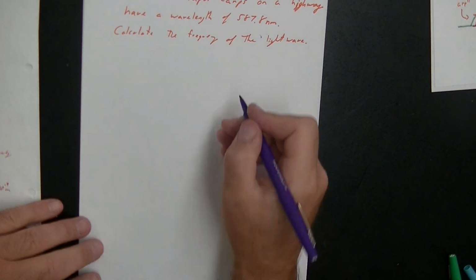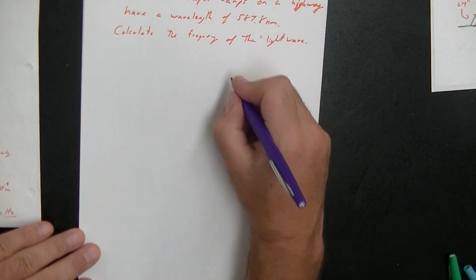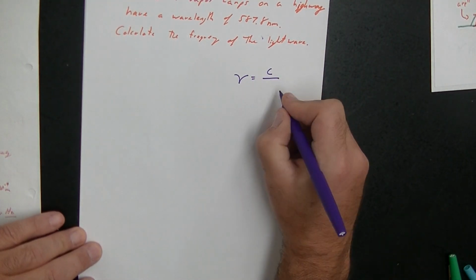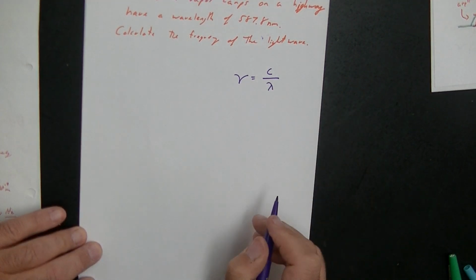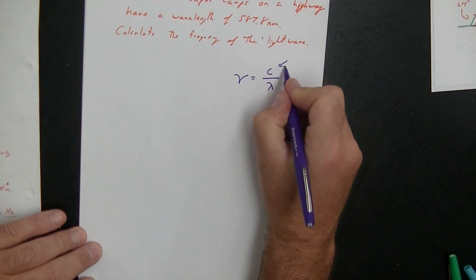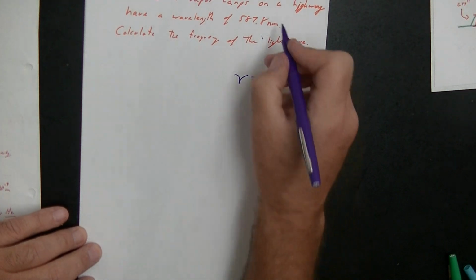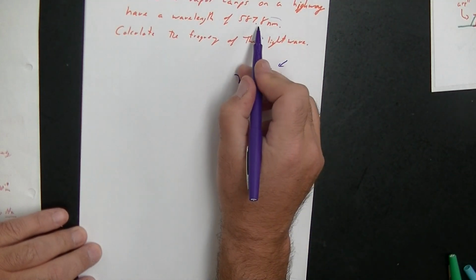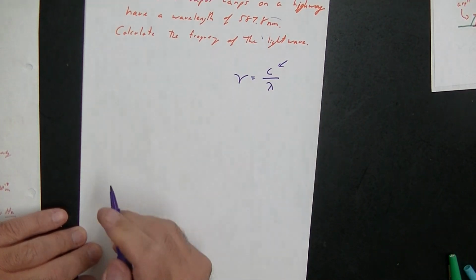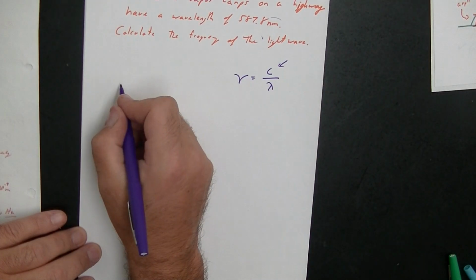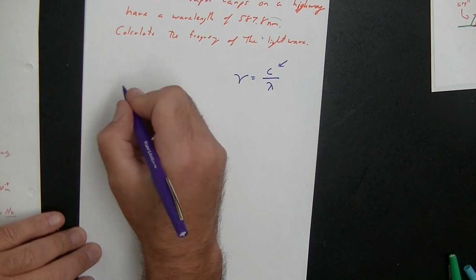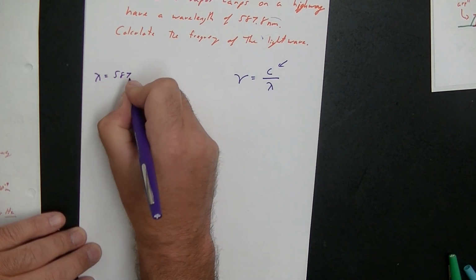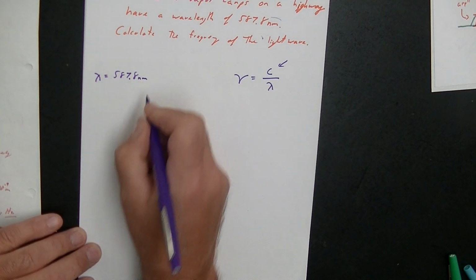Well, we need to eventually use frequency equals c over wavelength. The problem is the speed of light is in meters per second, and this is in nanometers. So the very first thing I want to do is convert this to meters. The wavelength is equal to 587.8 nanometers.